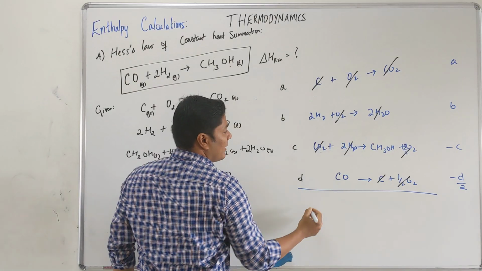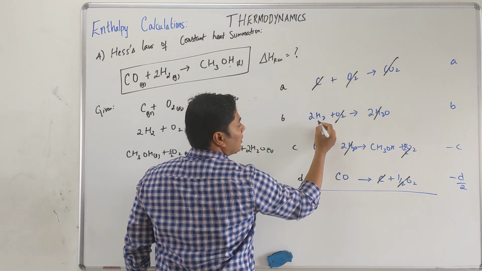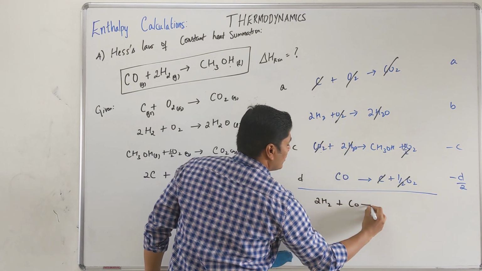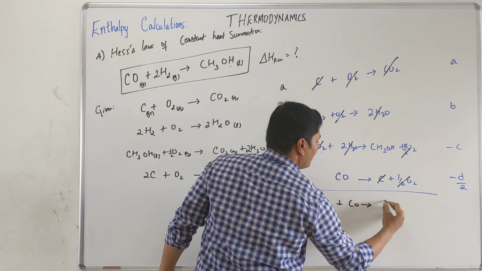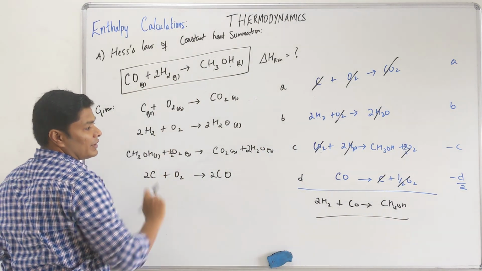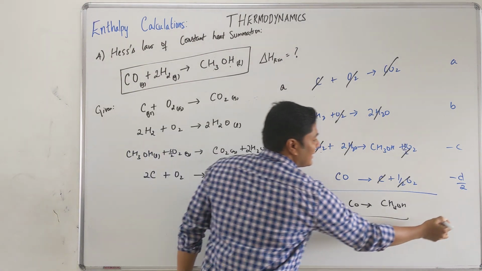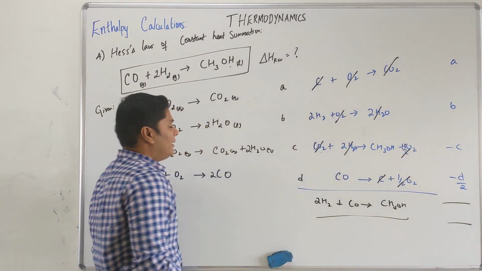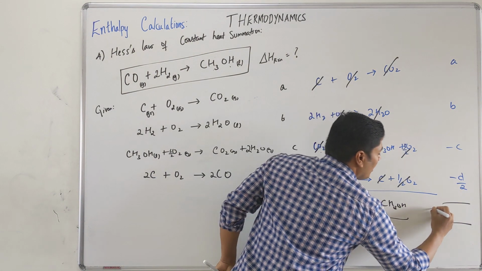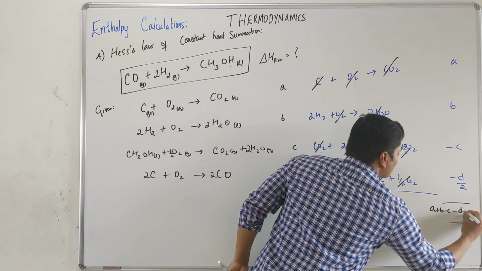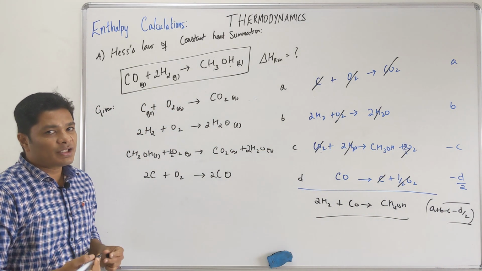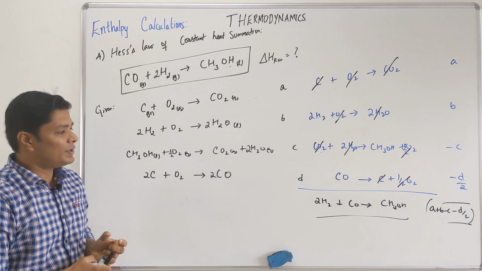When I add all of them, I will get 2 H2 plus CO gives CH3OH. Now you just add these, that will be the enthalpy of the reaction. So basically A plus B minus C minus D by 2, whatever these numbers are, they will give you the actual numbers. One of the easiest ones, we will actually solve more problems based on this.